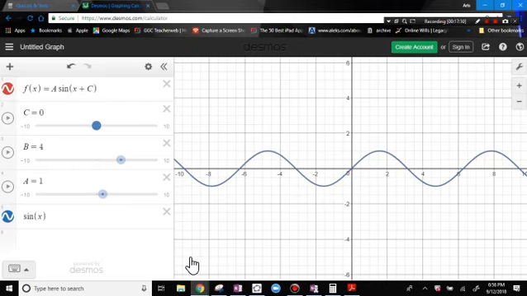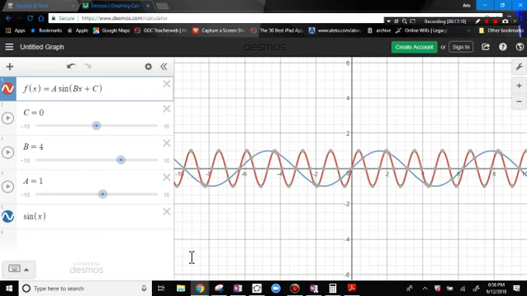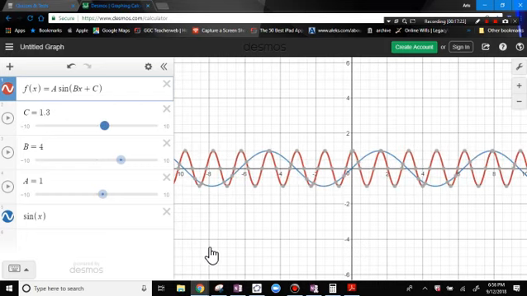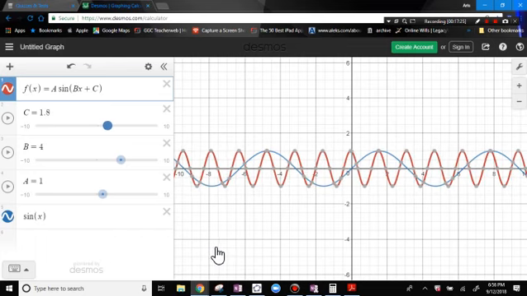Okay. So we're all ready now. Let's summarize, and we can verify that, right? So if we put the B back in, and let's do a good one, let's move C to 2, right?